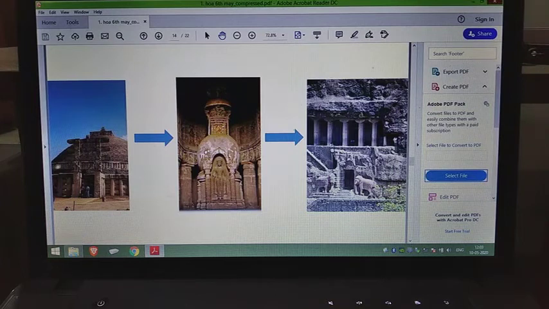So as the monks started inhabiting this place, the function changed, and it changed into a chaitya, which is basically a stupa inside a large pillared hall, and the space around the mound is for people who want to worship or do their practices.